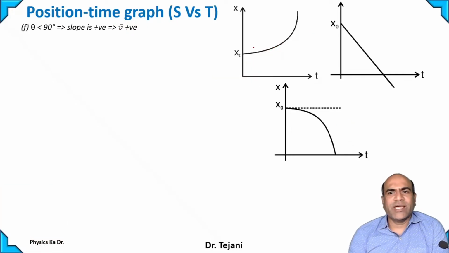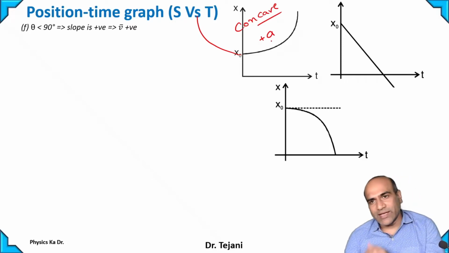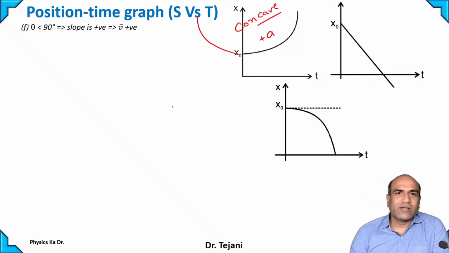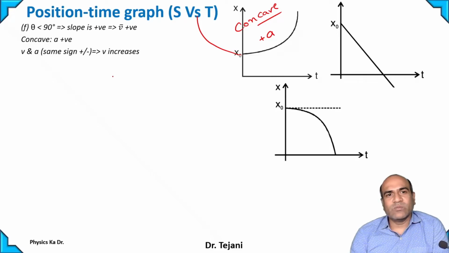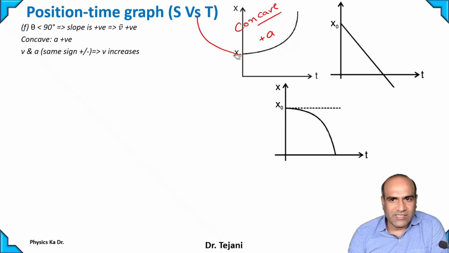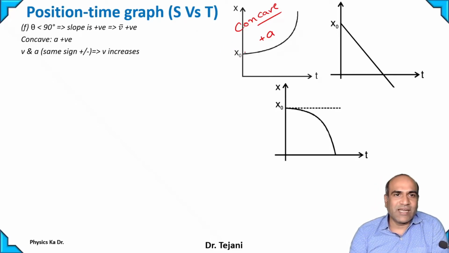Then what is the second check? The second check is shape. It is concave, which means acceleration is positive. Acceleration is positive, velocity is positive, both are positive, so velocity increases. Let's call this f.